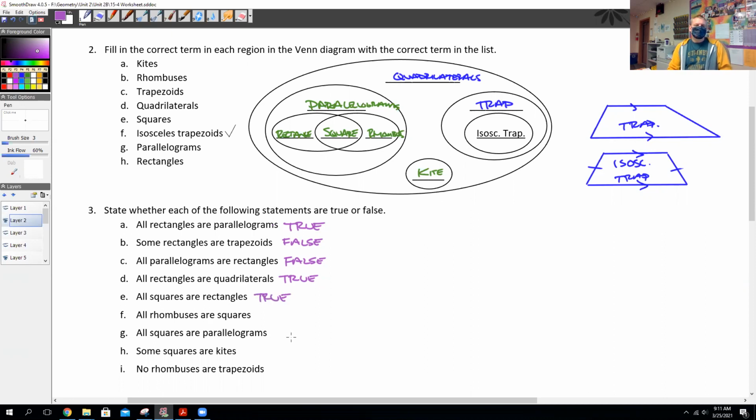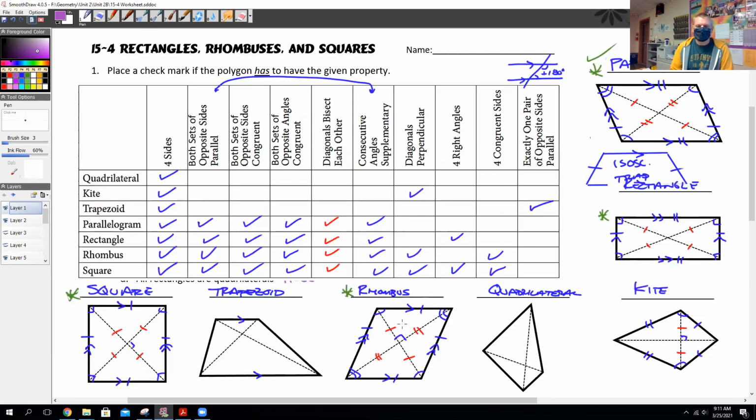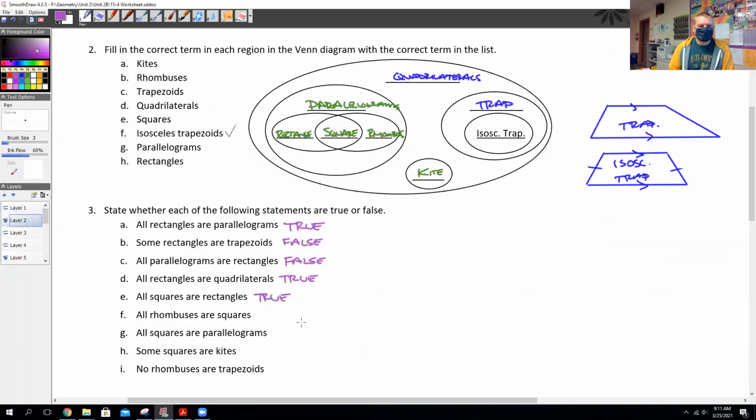Okay. All rhombuses are squares. Are all rhombuses squares? All you have to do is come up with one instance where a rhombus is not a square, and then that would be false. The example we have back here is a rhombus that's not a square because the angles are not all right angles. So that would be false.